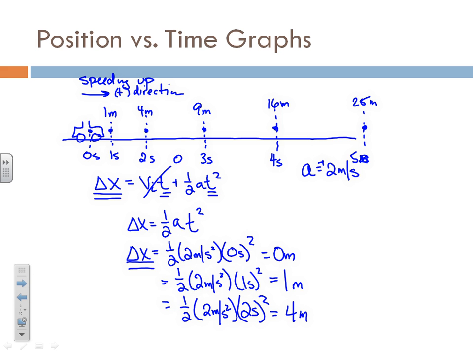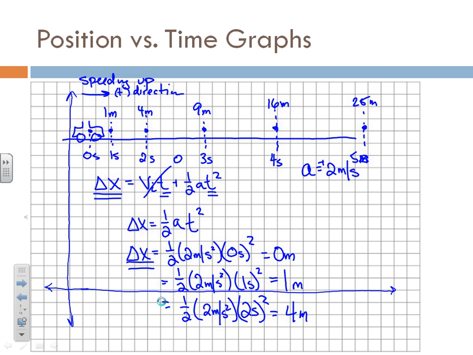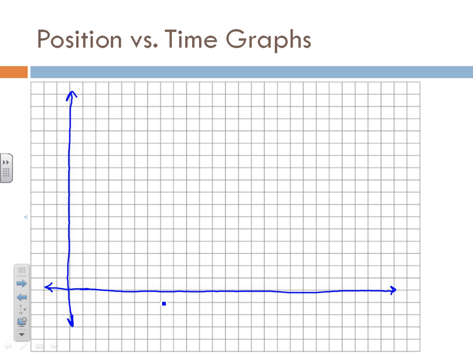So if we go to graph this on the other page, what we're going to notice is that the dots are no longer evenly spaced on our ticker tape diagram. That's also going to change the way that things are spaced on here. Now I'm going to need this to go all the way up to 25, and I don't know that I have 25 squares on here.